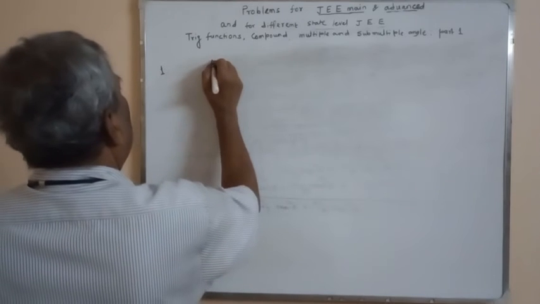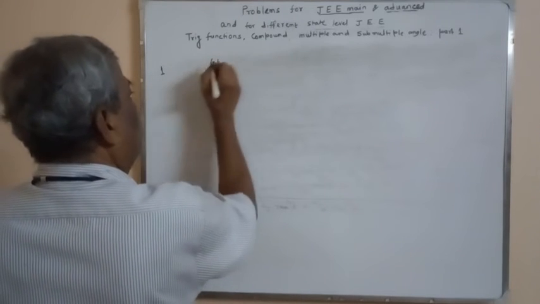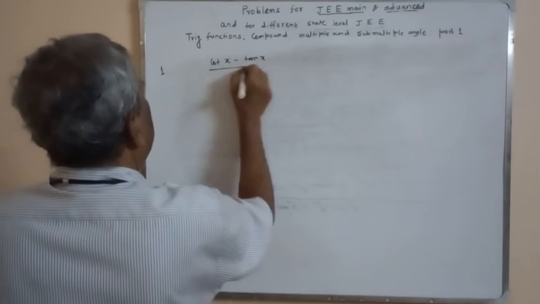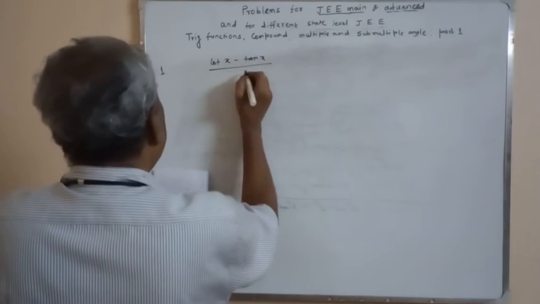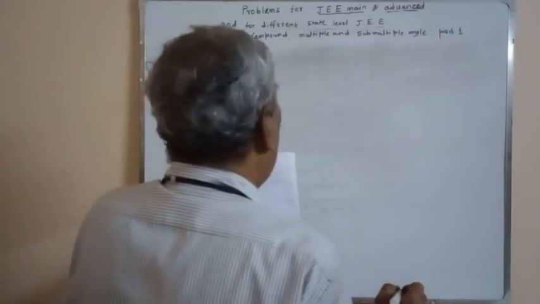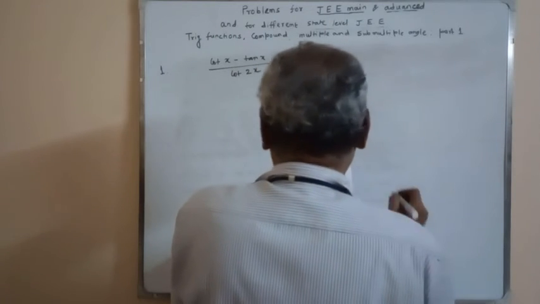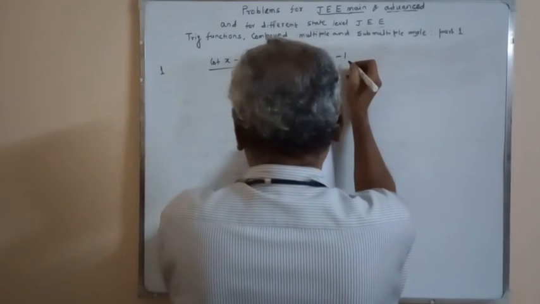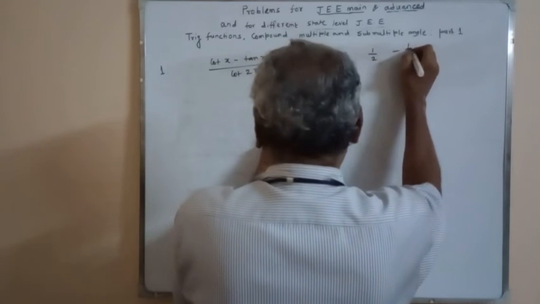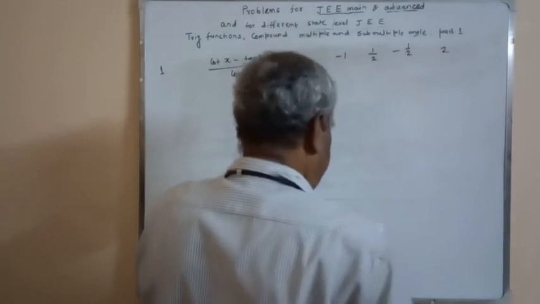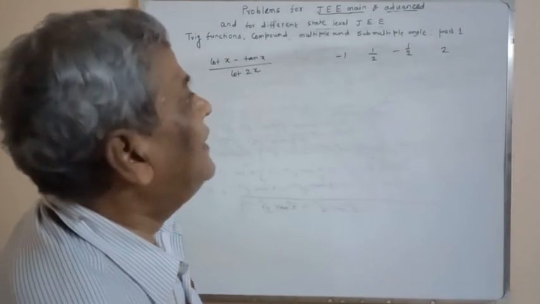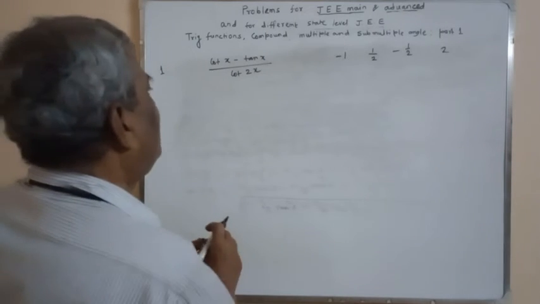The numerical value of cot x minus tan x divided by cot 2x is, options: -1, half, minus half, and 2. To find the numerical value of that.